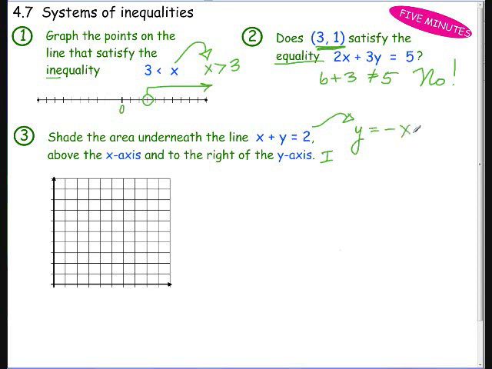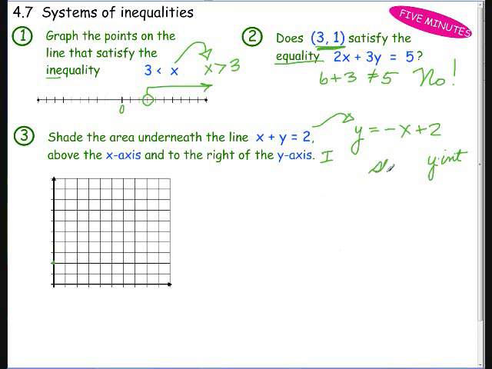I'm going to subtract x from both sides. And now what happens? My y-intercept becomes very apparent. I know it's at 2, so here it is, right here. It's my y-intercept right there.